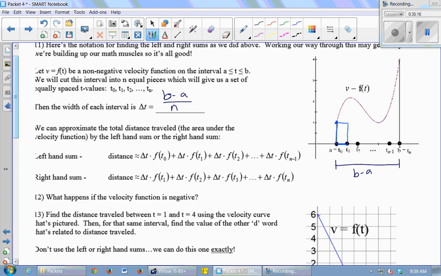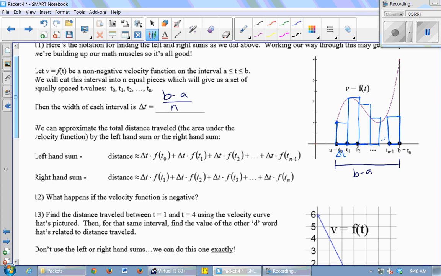And then for my next interval, t1 to t2, I've got two points, a left endpoint and a right endpoint. I'm going to use the left endpoint to create the height of the rectangle. And then I keep doing this all the way across, using the left endpoint to get the height of my rectangle. So each rectangle is going to have width delta t.